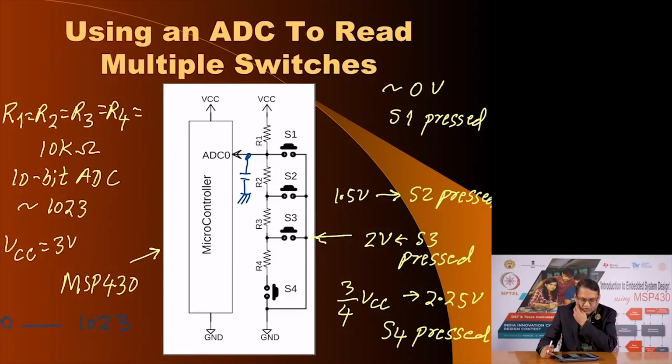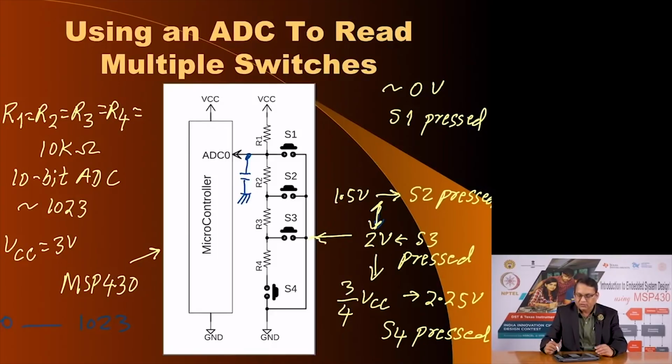And in fact, using equal value resistors of 10 or whatever kilo ohms each is also giving you non-linear counts, meaning when switch S1 is pressed compared to when nothing is pressed, you get an entire variation from 3 volts to 0 volts, whereas when S2 is pressed, you go to half. As you see, the difference between the voltages here is less and even less and so on.